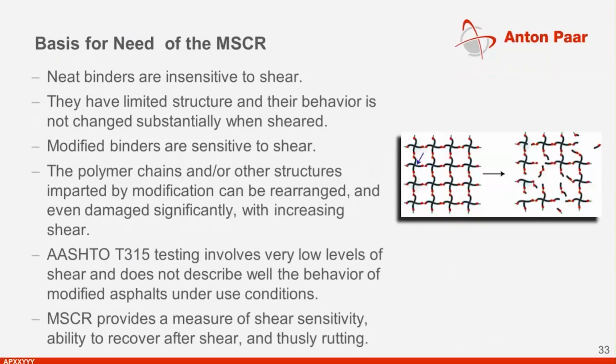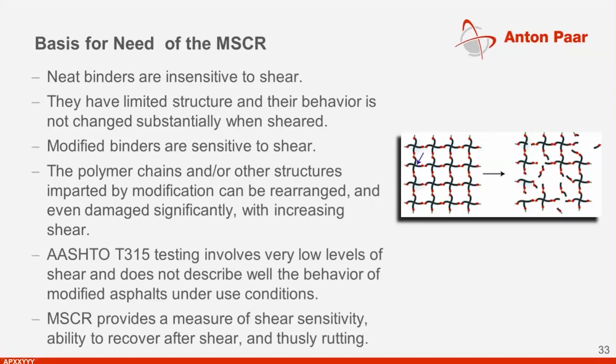Polymer modified binders usually include polymer chains and other connections which are usually not breaking down, and they should also not break while we are testing according to AASHTO T315. Also, the grading does not describe the material behavior under use conditions. So this is why the MSCR test was invented.